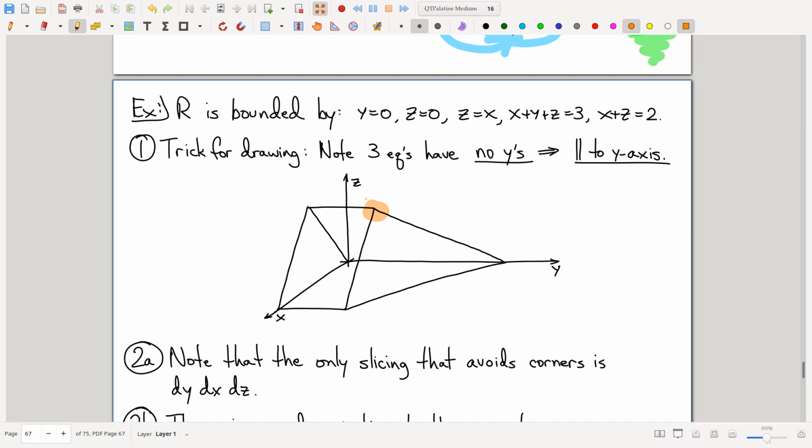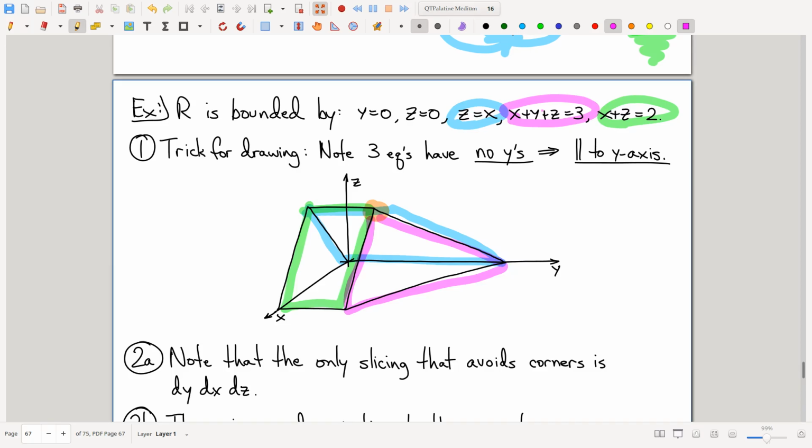You could literally solve for that point by noticing that it is on the plane x plus z equals 2, and it is on the plane z equals x, and it is on the plane x plus y plus z equals 3, and then you can straight up solve for x, y, and z, and that'll tell you exactly where that point is. And if you just can't quite visualize everything, and you have to actually do that to draw the picture, then yeah, cool. No problem. Okay, so there's our picture.